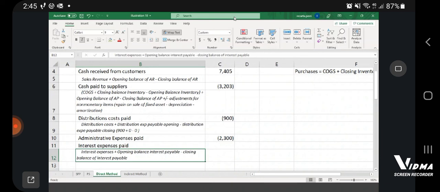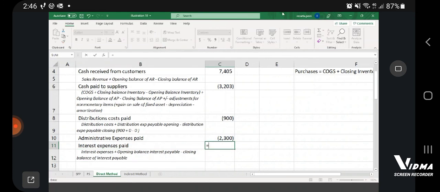Usually we add the opening balance and deduct the closing balance of the related liability in the statement of financial position. So it's almost the same thing that we need to do for all the items that we find in the income statement, and we take them in the direct method one by one, therefore this name. Okay, so let's calculate the interest expenses.